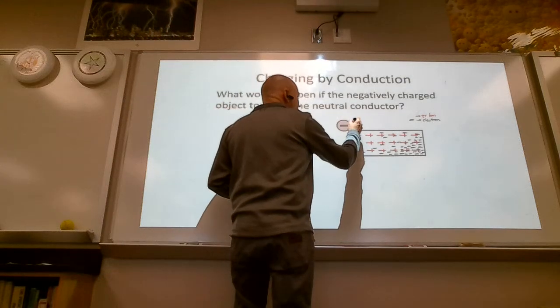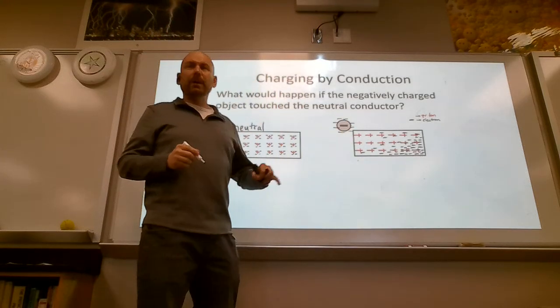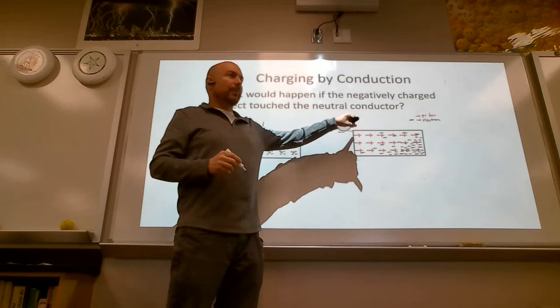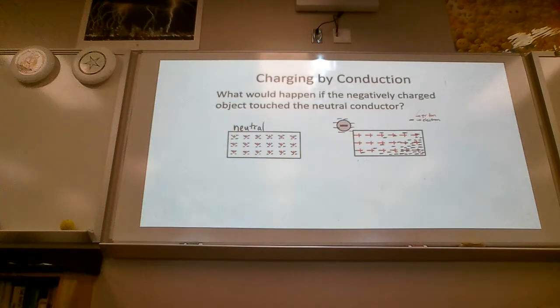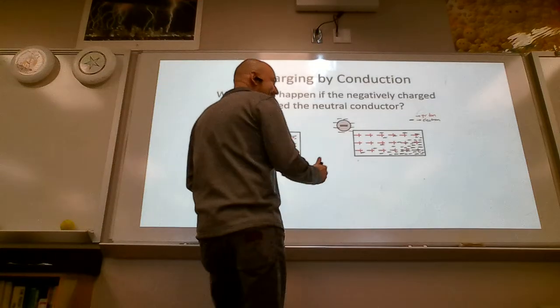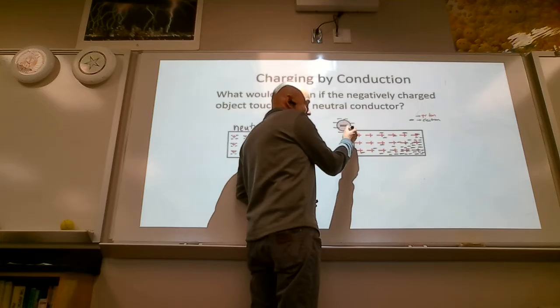So, if you were an electron on this negatively charged bowling ball, where do you think you would rather be? In the bowling ball or over here where there's a lot of exposed protons? That's not too hard of a choice, right? You're like, it's really crowded over here. Look at all those protons!